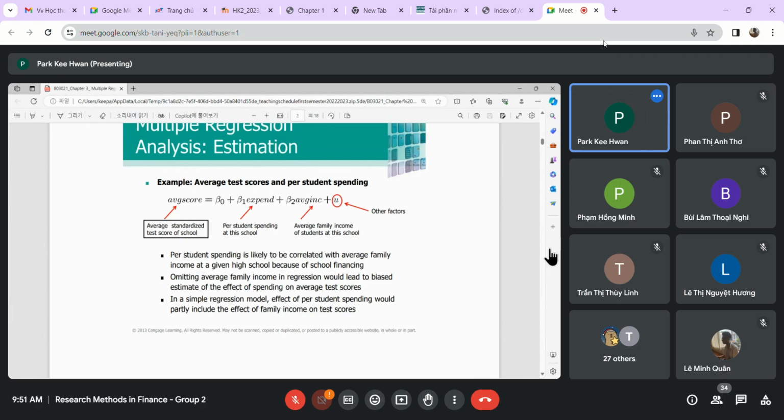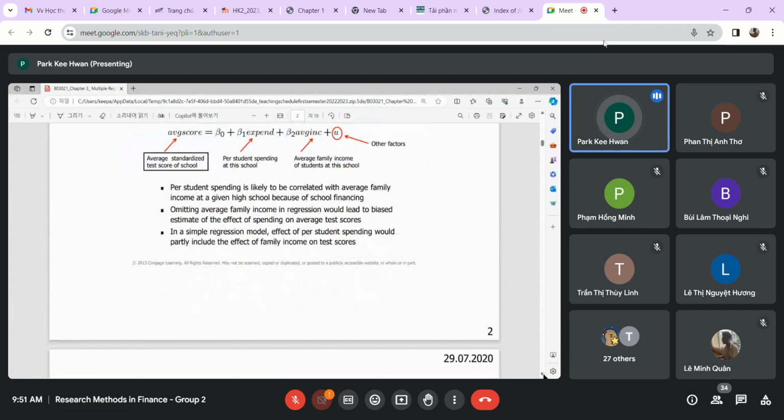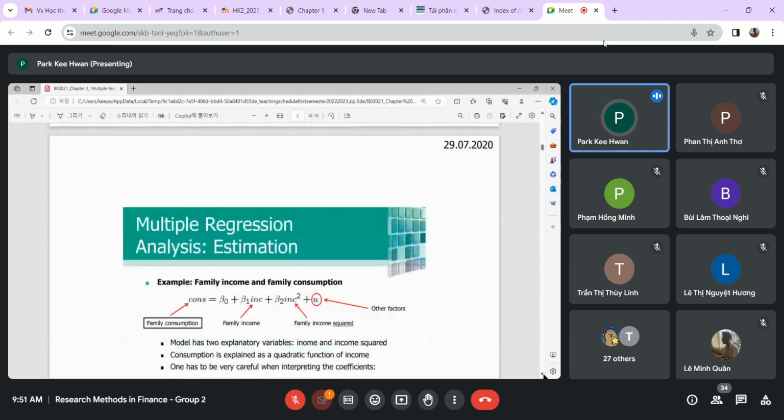Okay, so that is the very good thing about the multiple regression. You can more likely avoid the problem of biased estimation.